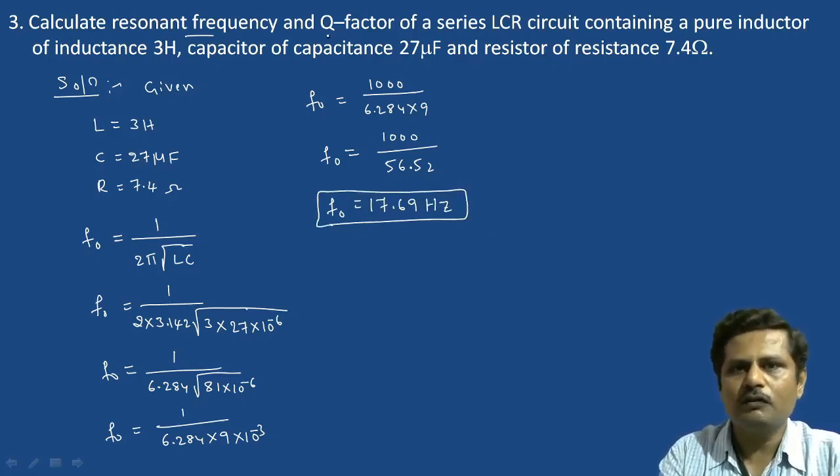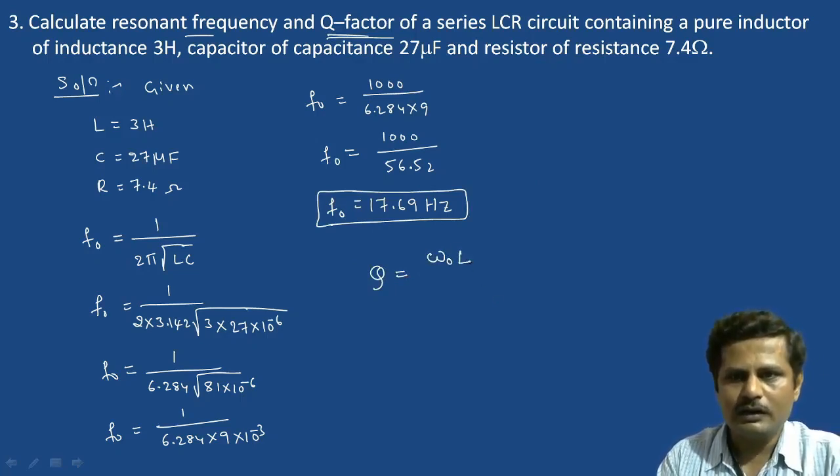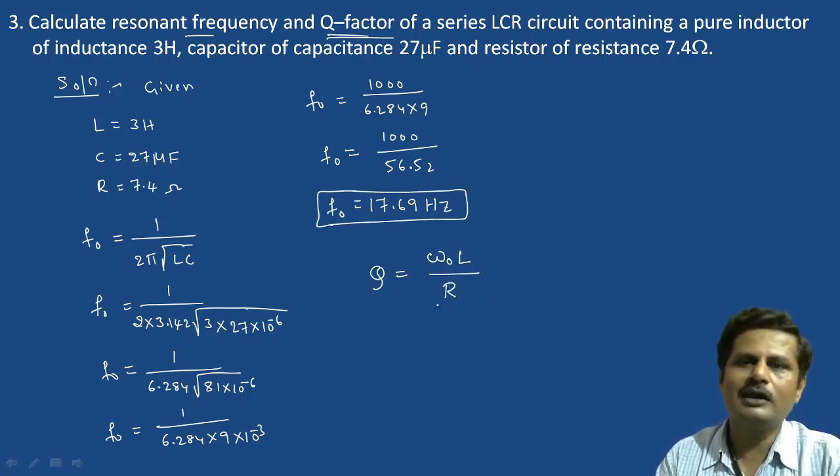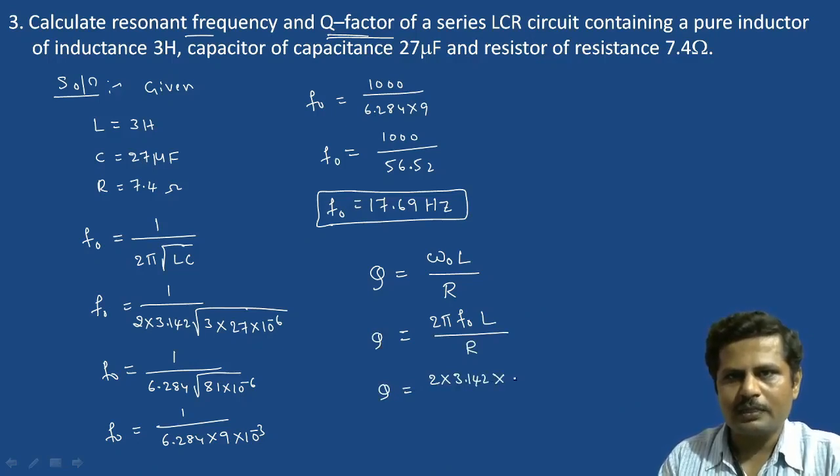Now we need to find out the Q factor. We know that the Q factor is equal to the angular resonant frequency into L divided by R, omega naught L divided by R. On substituting, omega naught is nothing but 2 pi F naught, so Q equals 2 pi F naught L divided by R. Now let me substitute the values: 2 pi is 3.142, F naught, just now we found, 17.69, into L, that is 3 Henry, divided by resistance, which is 7.4.